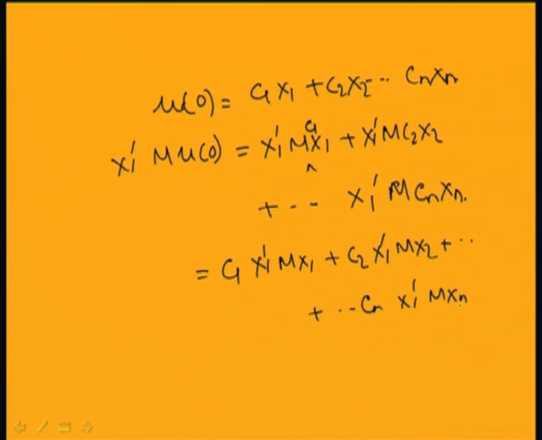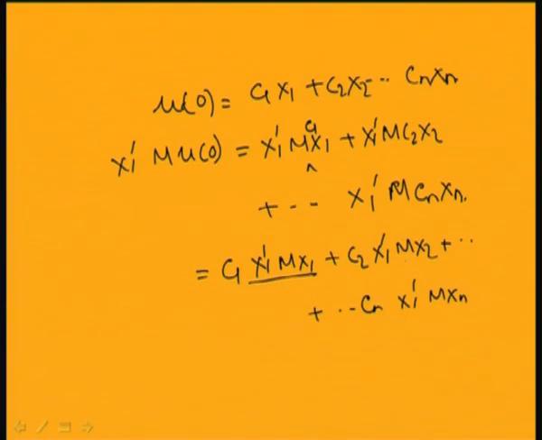From the orthogonality property we know that x1 transpose m x1 is the generalized mass M1, and the other terms, when i is not equal to j, that is x1 transpose m x2 up to x1 transpose m xn, are all 0.